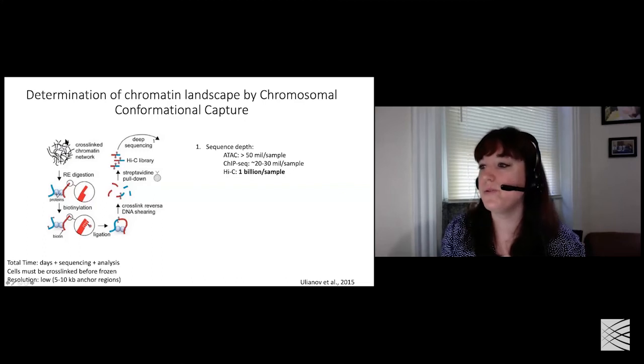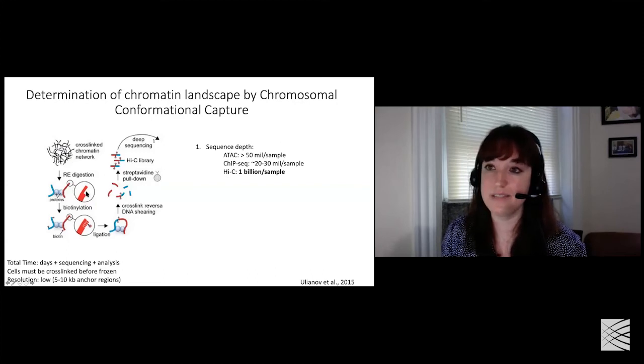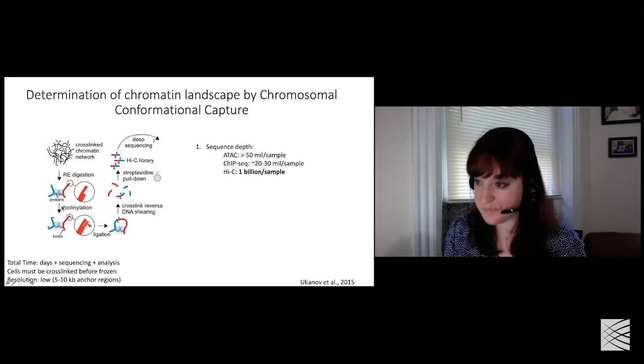And so when you cross-link your cells to get regions that are physically touching, you would then do a restriction enzyme digest and add a biotin tag to your DNA of interest. So basically what happens here, you have your two regions that are touching that are separated by your proteins, right? So these are cross-linked together, and then you have your two DNA fragments.